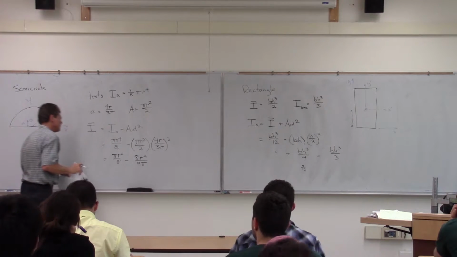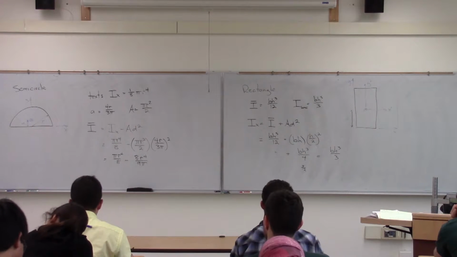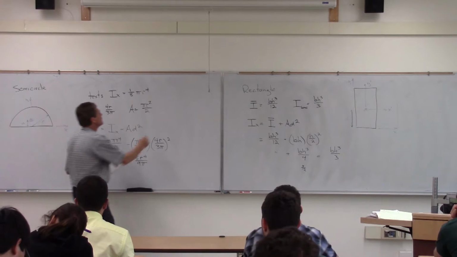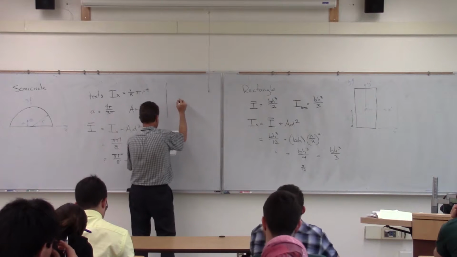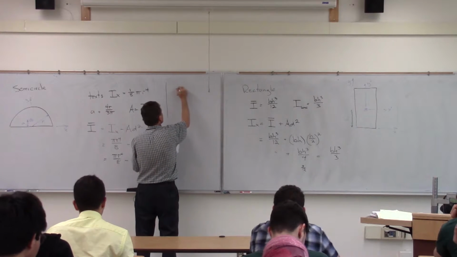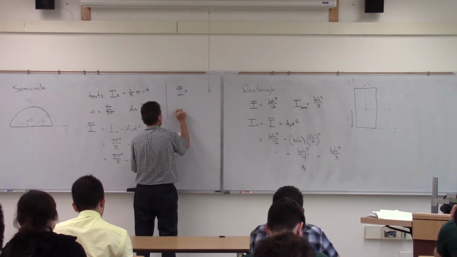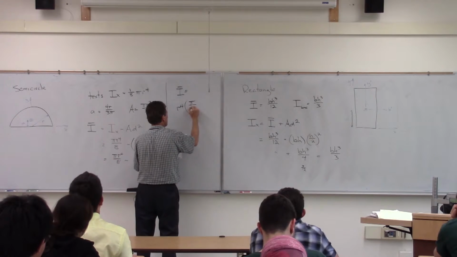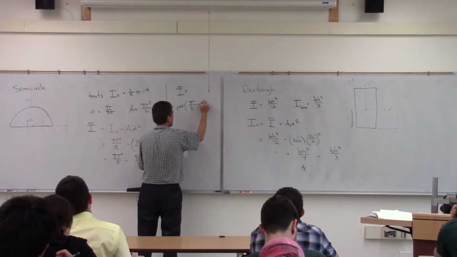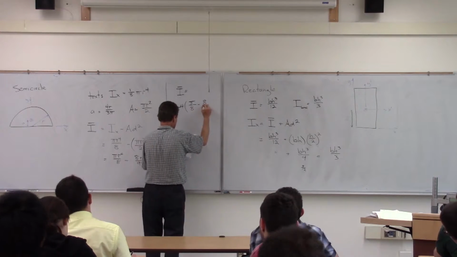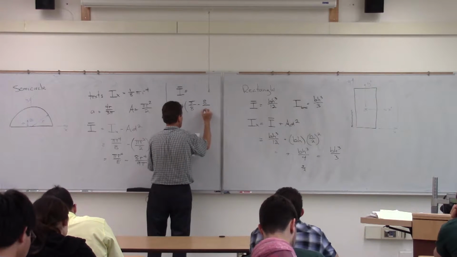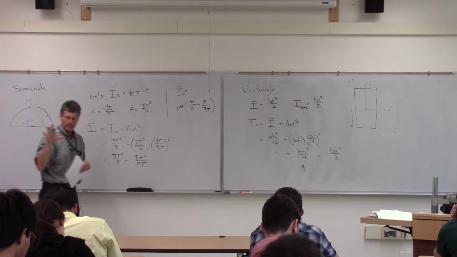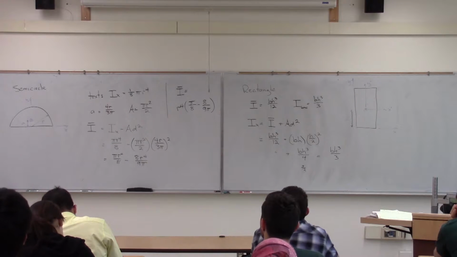And then what we get is this yucky term. Pi ended up being there in the bottom. And what we'll find then is the moment of inertia for a semicircle is going to be that.